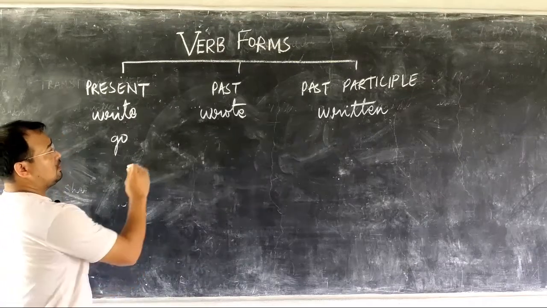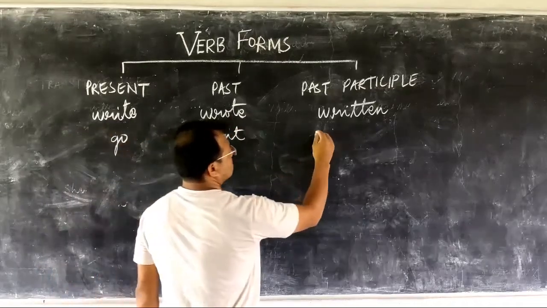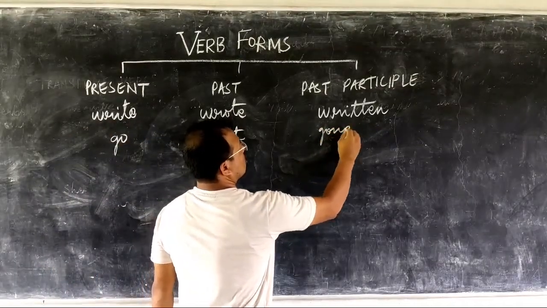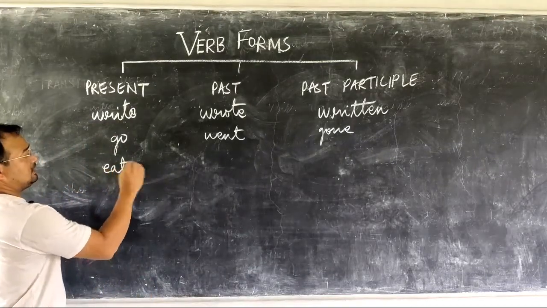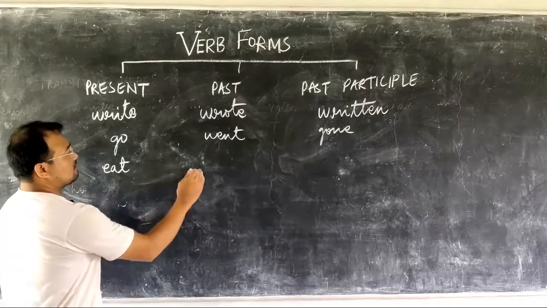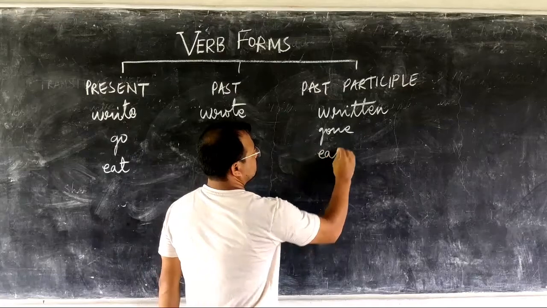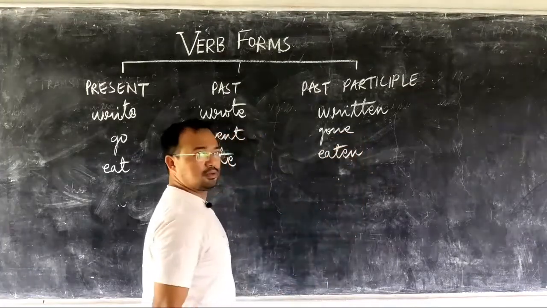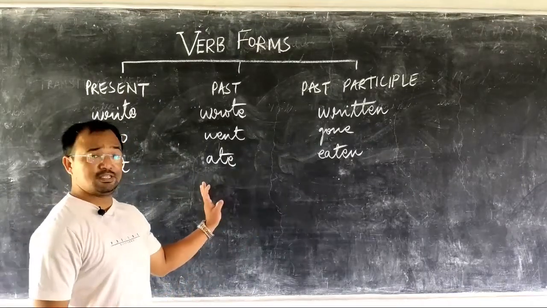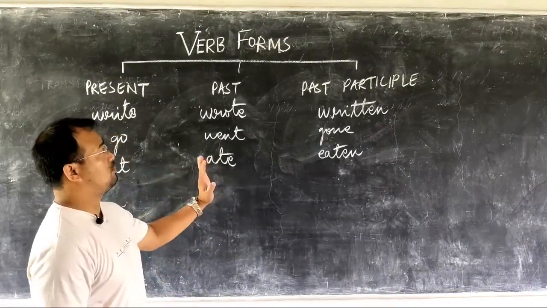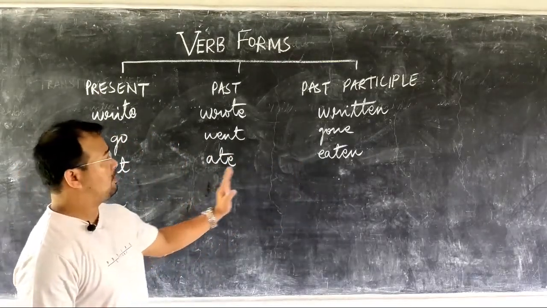Go is the verb; in the past form go becomes went and the past participle becomes gone. Another example, eat. In the past it becomes ate and the past participle becomes eaten. There are many various verb forms, so you will change from present to past and past participle in this way, for which you need to memorize such words.